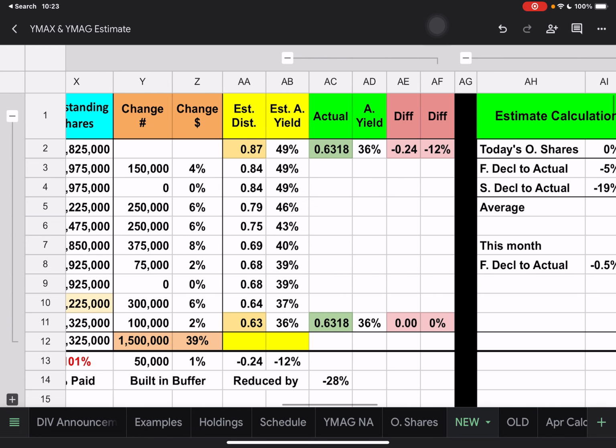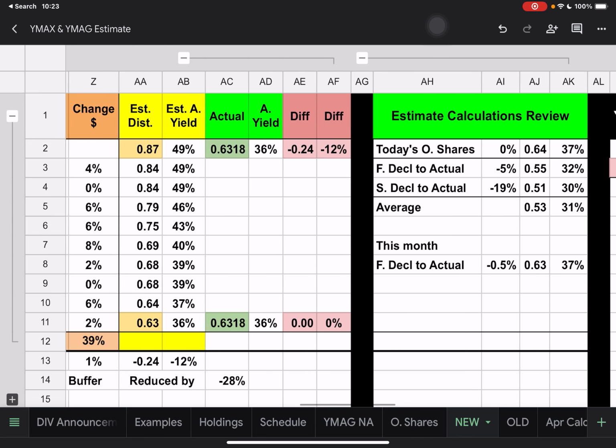So we just basically stated that we could probably get away with that part. And then, yeah, so we can see over here, looking at last time it was a 5% reduction, and this time it's only 0.5%.